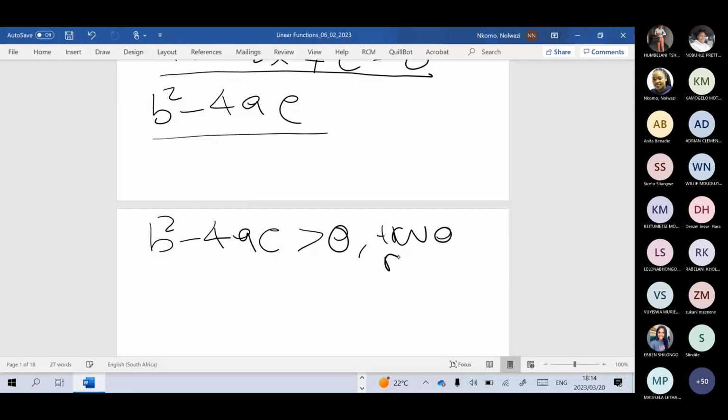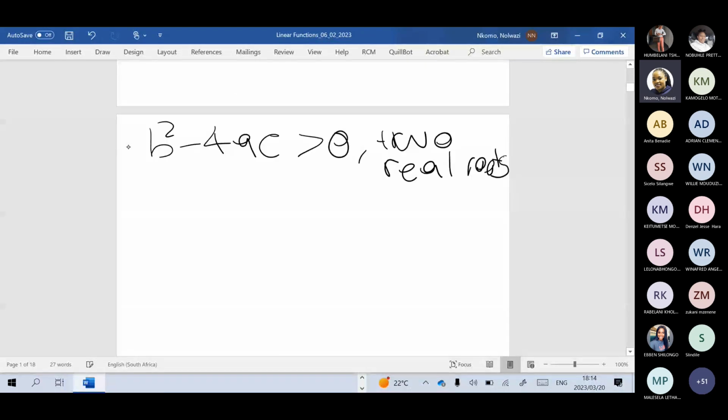If the discriminant is equal to 0, that means we have one real root.